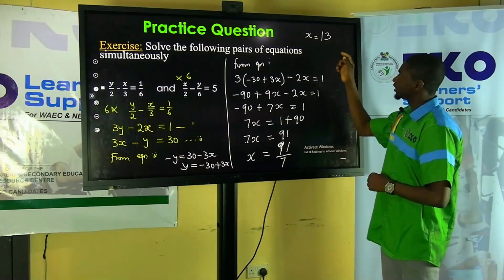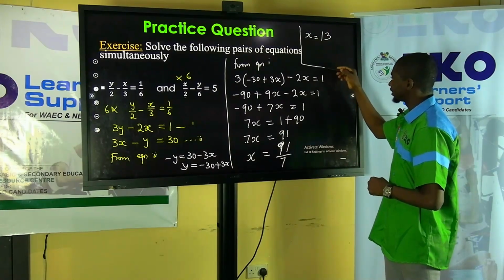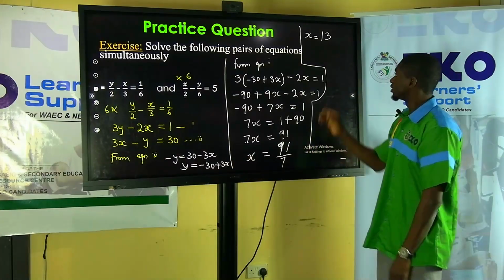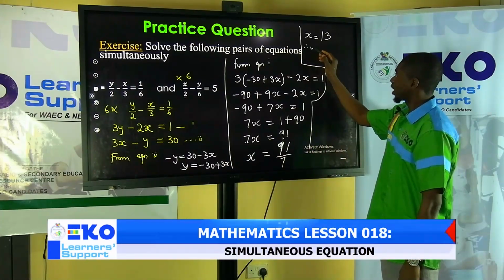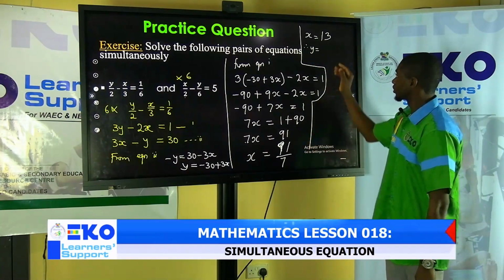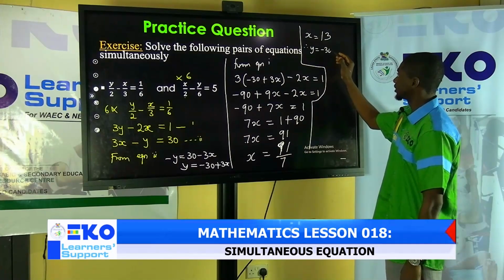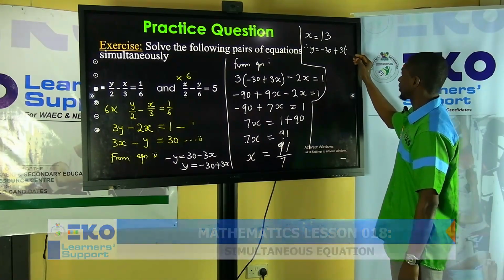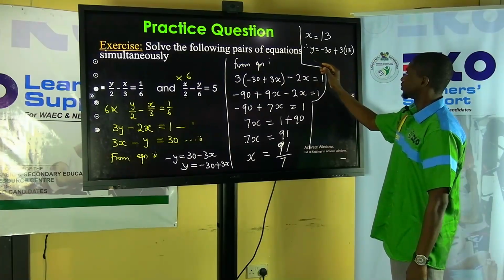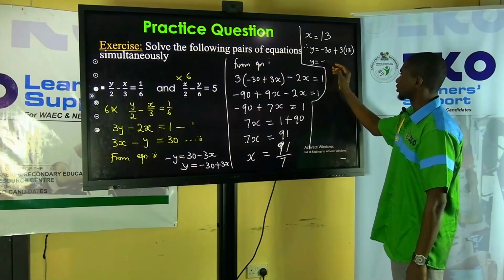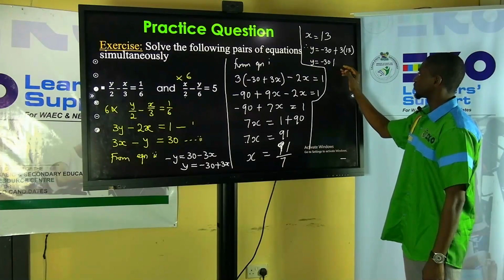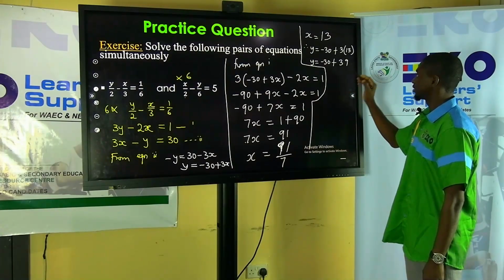We are now bringing this value, this 13, into this y. Therefore, y will be equal to minus 30 plus 3 multiplied by 13. So your y becomes minus 30. When you multiply this, that's plus 39.